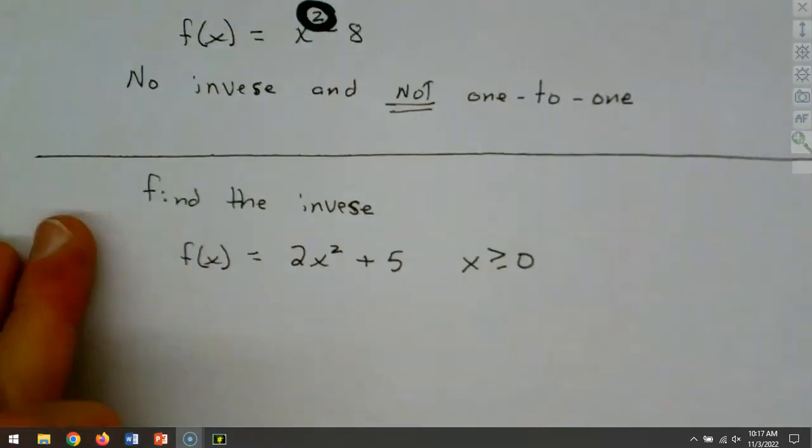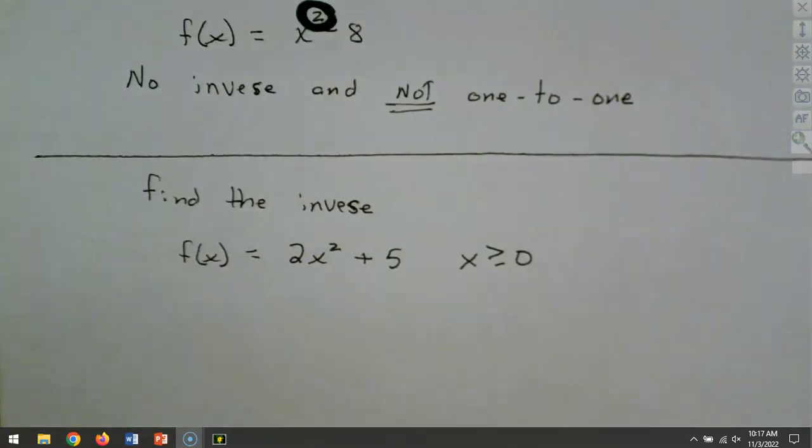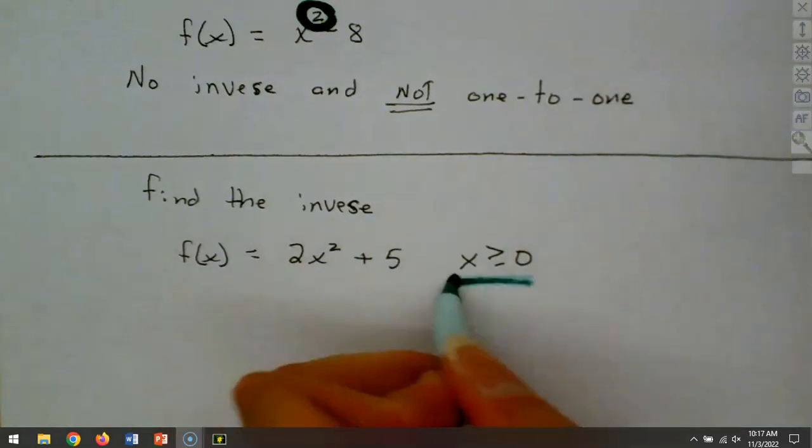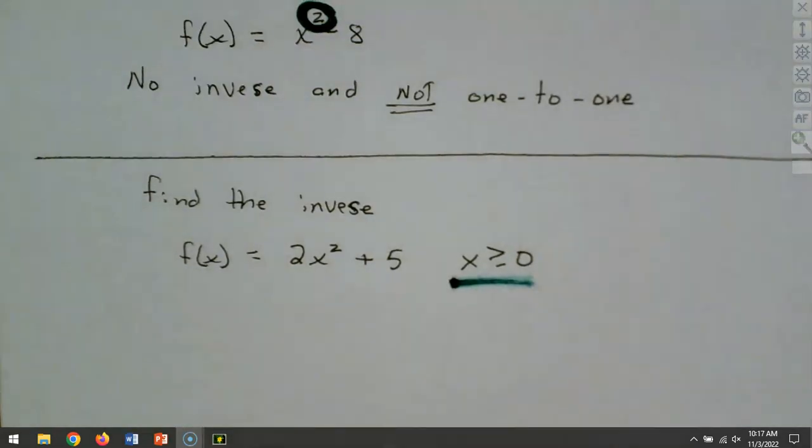Now, why would this one have an inverse and the other one did not? Okay, this one has an inverse because it restricts the domain. And this one says your domain has to be greater than 0. So that's half of the graph.